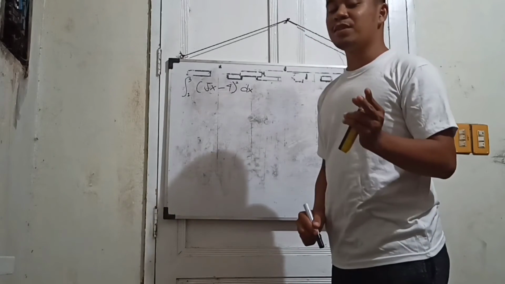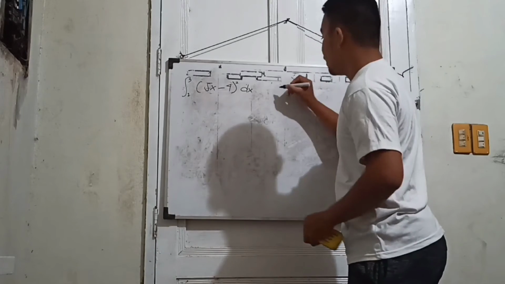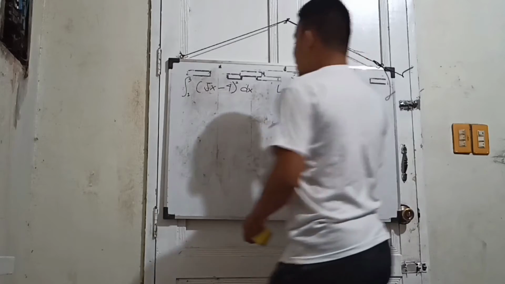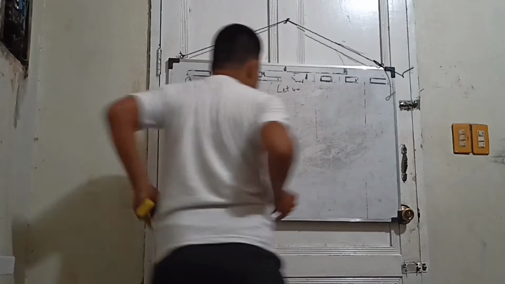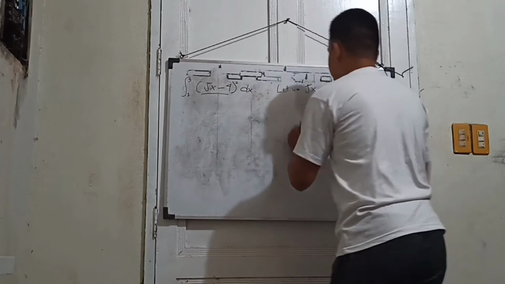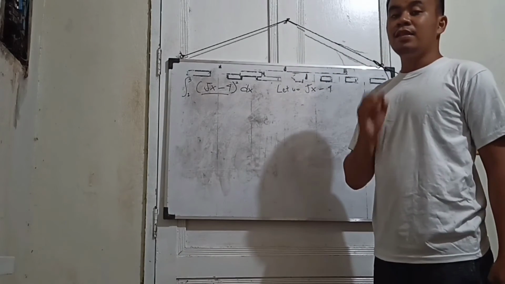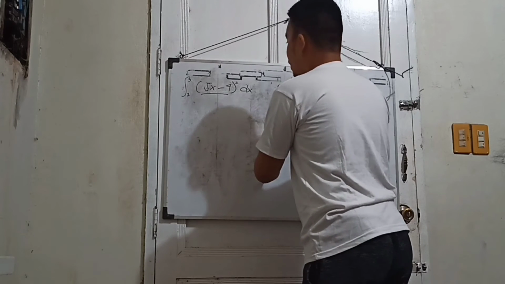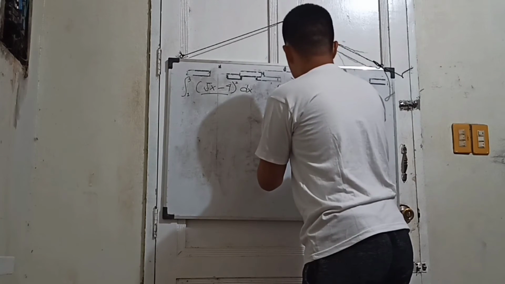So, when using u substitution, we let u be equal to this function, 5x minus 4. And du is equal to 5 dx.